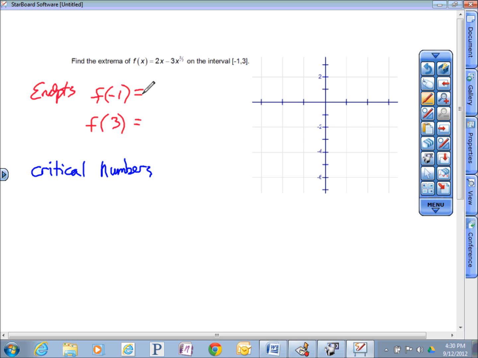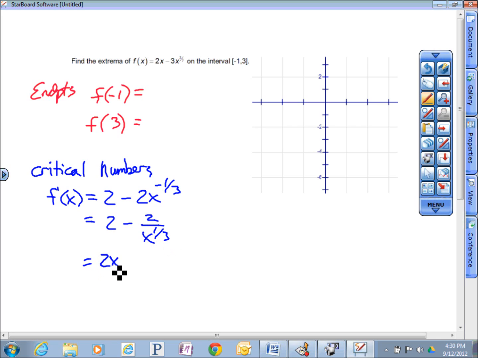Critical numbers. Well, I'd have to find the derivative before I could do anything with that, so let's find f prime of x. How about 2 minus, 2/3 times 3 would be 2x to the -1/3, and if I clean that up, the negative exponent thing messes me up. 2 minus 2 over x to the 1/3. How about 2x to the 1/3 over x to the 1/3, doing a common denominator. So there are critical numbers.